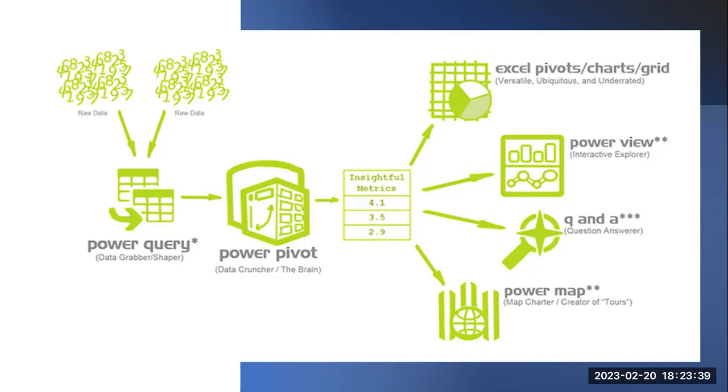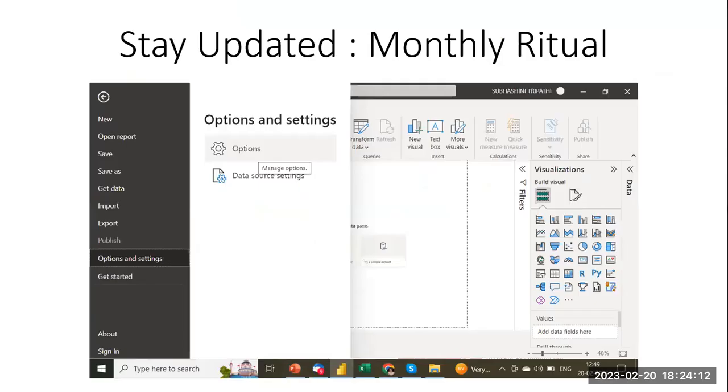And finally, it will go and become part of pivots, charts, grids, either in Excel or in the Power View, which is an interactive explorer, or through Q&A, which is a voice explorer, or rather with the normal language, you can interact with Power BI, and or in Power Map. Okay, so there are these multiple ways that you can look at your database after Power Query and Power Pivot have worked on the database.